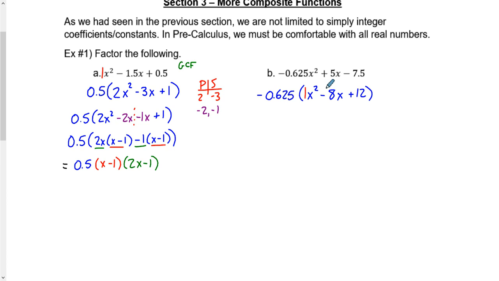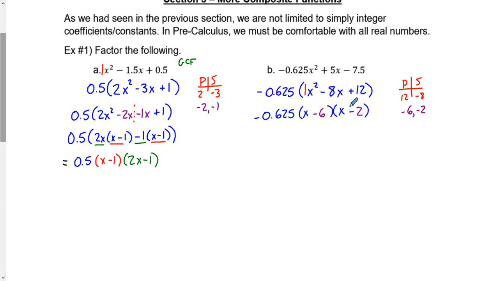So great, this is simple factoring, so we're going to be done even faster. Product of 12, sum of -8. Well, that works out nice: -6 and -2. So our negative 0.625 comes out, negative x in our first location, -6, and -2 in the second. And that's it.